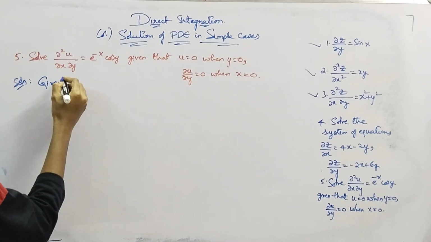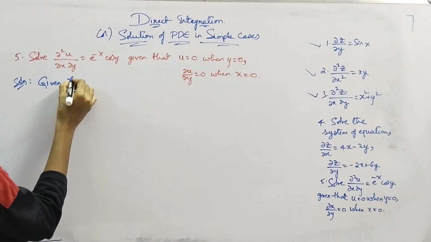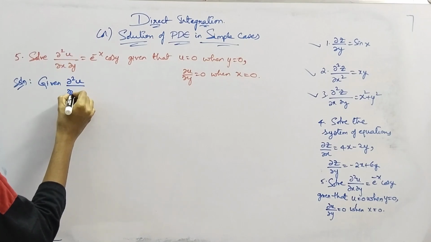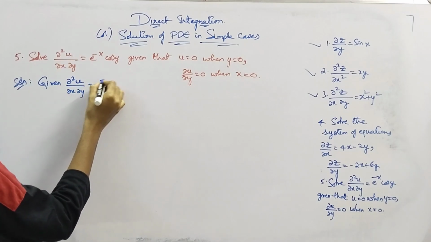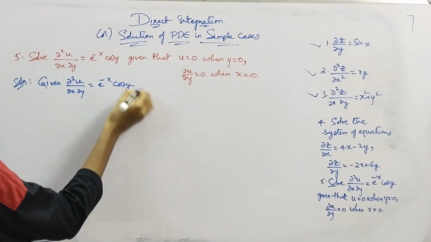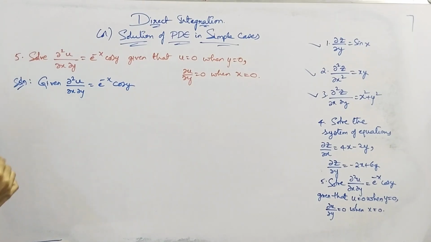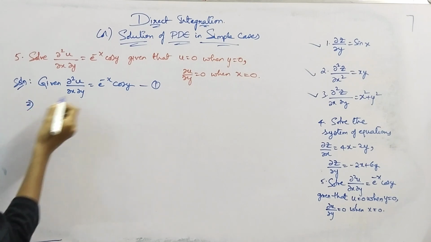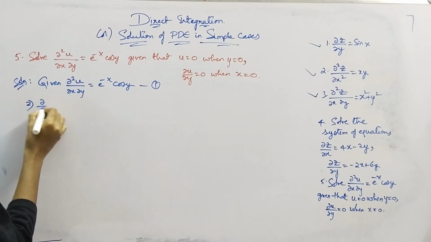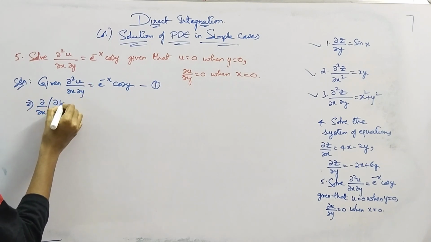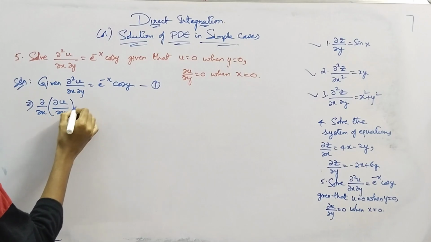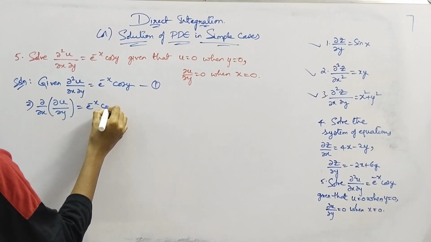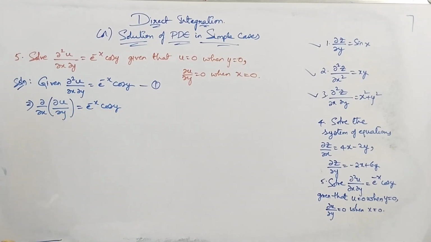Now let's see the equation. Dou square u by dou x dou y equal to e power minus x cos y. Consider this as equation number 1, the given equation. We can write this as dou by dou x of dou u by dou y equal to e power minus x cos y, right?